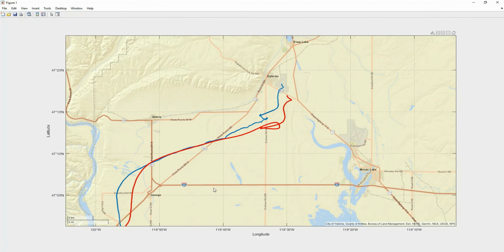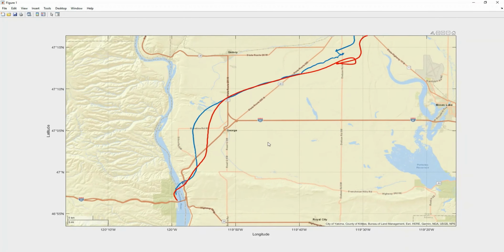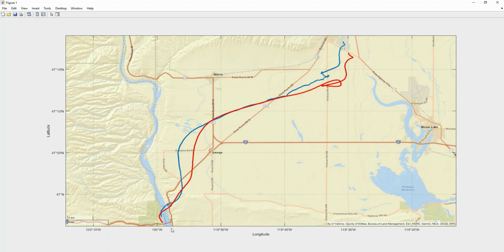And again, you have to remember, the red line was predicted, and we ran this prediction just several hours before we launched. Now again, this red line doesn't have the exact launch time. It doesn't line up exactly with when we actually launched, and that will probably account for some of these discrepancies. But what's fascinating about this is that the red line actually did predict that we would land a little bit south of the municipal airport.